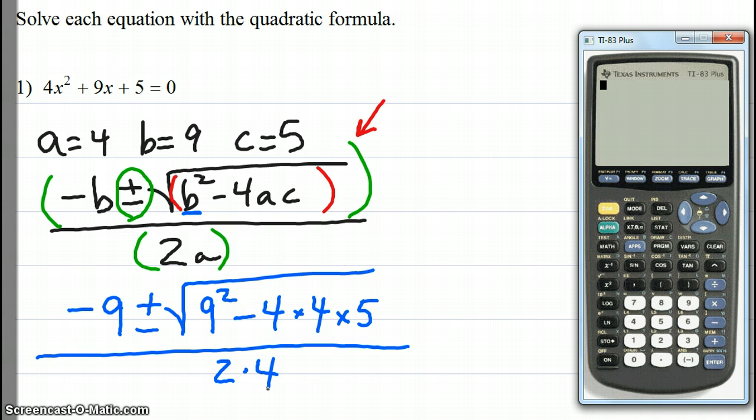Now again, we can use our calculator to punch this, but when we do that, we have to put numerator in parentheses and denominator in parentheses, okay, along with an extra set of parentheses for your square root.